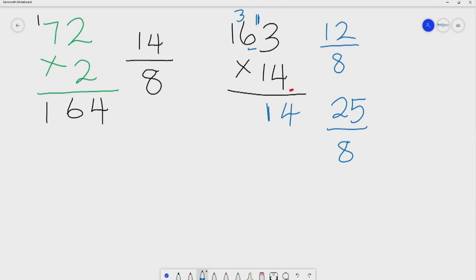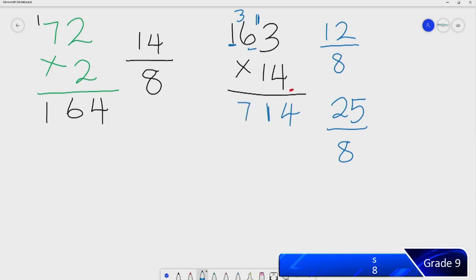And lastly, 4 multiplied by 1 is 4, plus 3, 7.